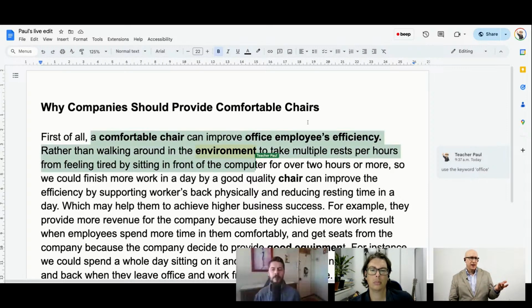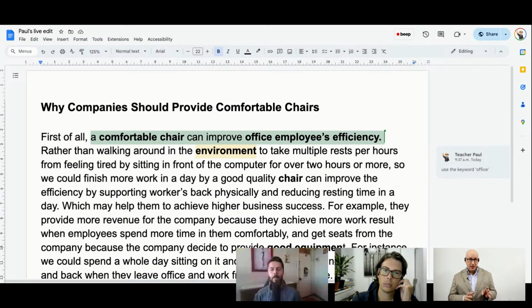If you look at the first sentence, which again I consider a promise or a contract with the reader, the topic is very clearly established. Grammatically, the subject is comfortable chair. So I expect to be talking about comfortable chairs, not I and how I feel about comfortable chairs, or the manager of the office. I expect the focus to be comfortable chair.